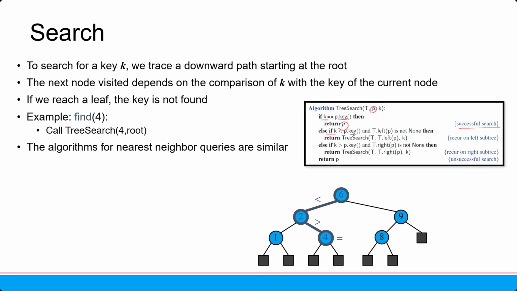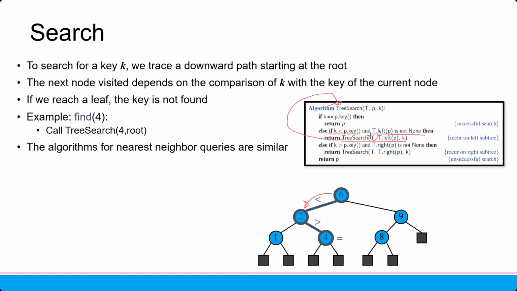If it is not, then we can do something the same as what we did in the in-order traversal. In the in-order traversal, we check the left section first. If K is less than P.key and T.left(P) is not null, then let's do the TreeSearch. So we will do the recursion.